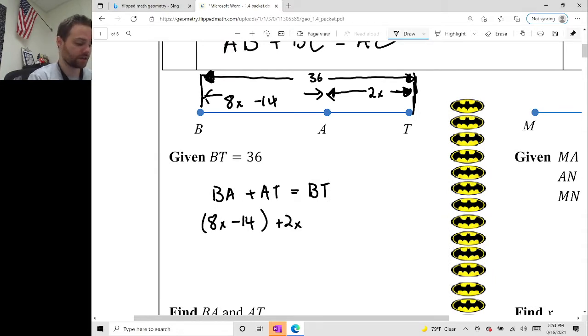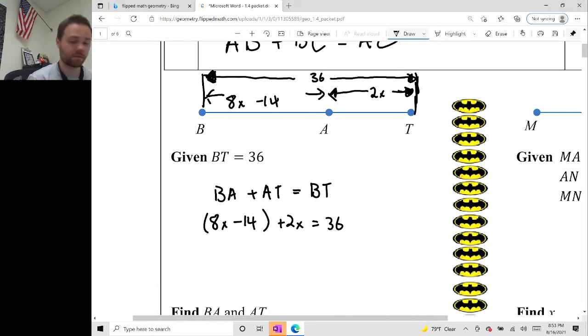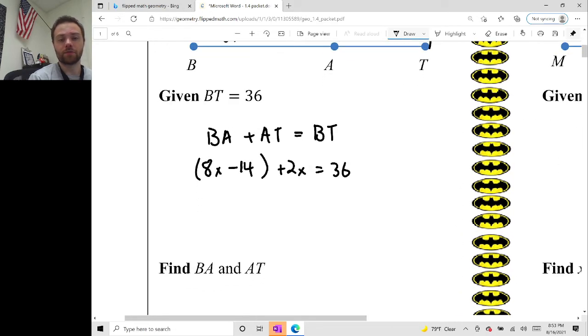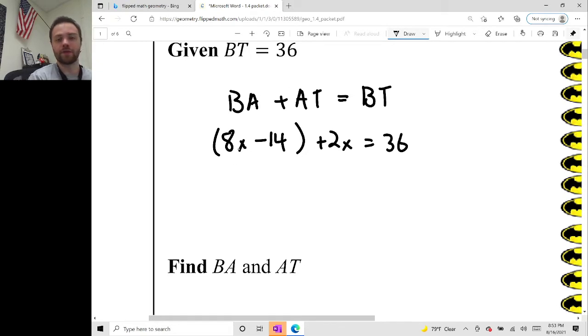So that equals BT, the entire distance, so 36. So from here I can start to solve this equation. I'm just showing that you are substituting 8x minus 14 in for BA.